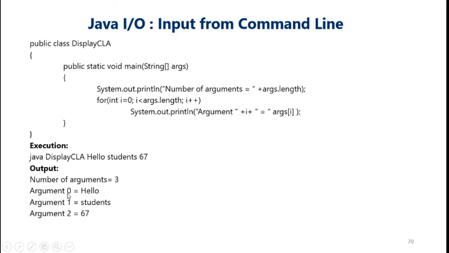So this is argument 0, argument 1 and argument 2. And how many arguments are there? 3. And these are the values. Argument 0, that means the first argument, is stored at position 0, then the second argument is stored at position 1, the third argument is stored at position 2.